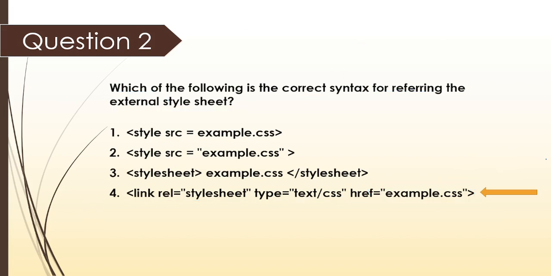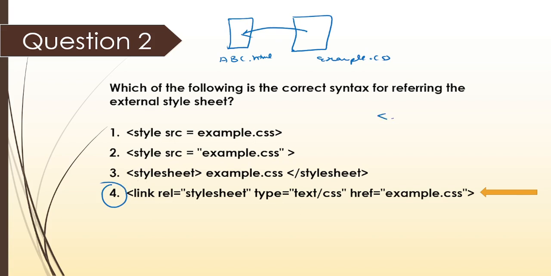So the correct answer is option D. In an external style sheet, we have to make two pages. First is, let's say, abc.html, and another is example.css. If you want to use it, you should write this statement under your head section.